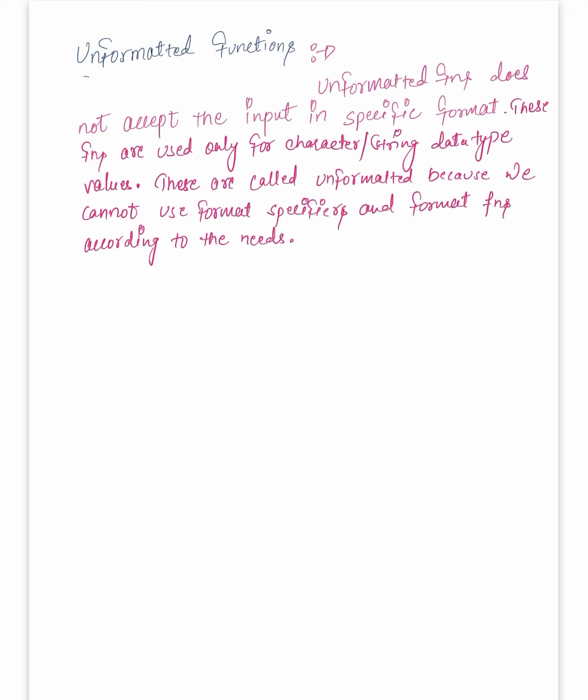These functions are used only for character or string data type values, and that is why it is called unformatted. These functions are called unformatted because we cannot use any format specifier according to the needs.